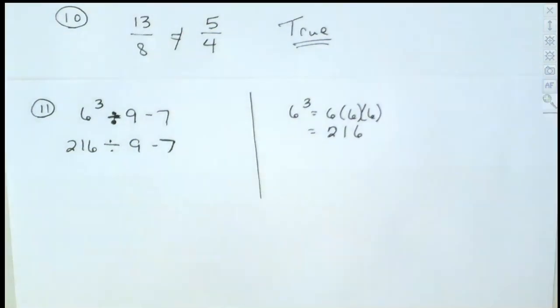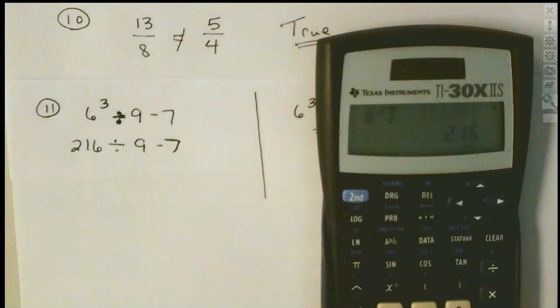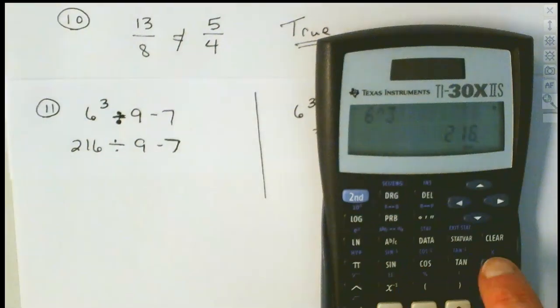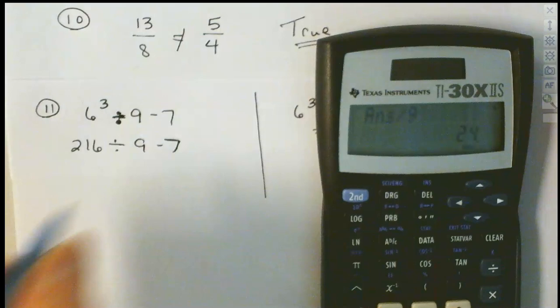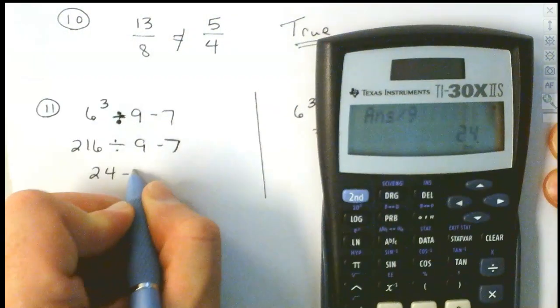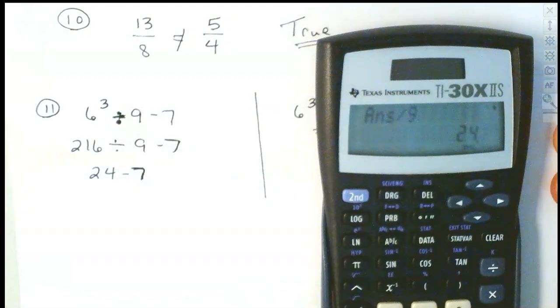Now, what do we do next? Right, working from left to right, we've got division. So we're going to take that 216, that was your 6 cubed, and divide it by 9 now. And that comes out to be 24. So watch your order of operations. Once we've got our division done, then we move on to our subtraction.